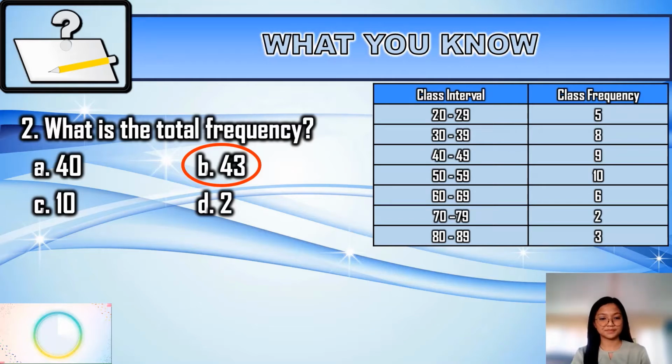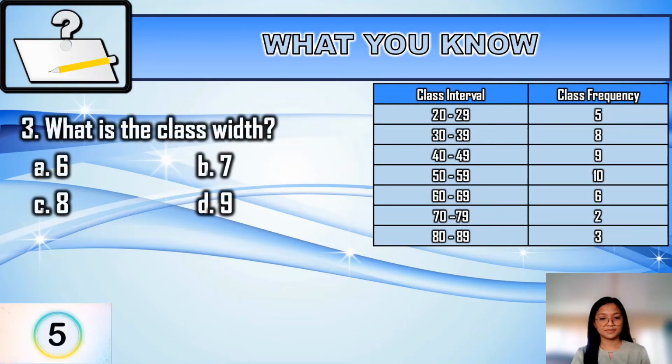Number 3. What is the class width? A 6, B 7, C 8, D 9. Timer starts now. What is your answer? That is correct, D, 9.